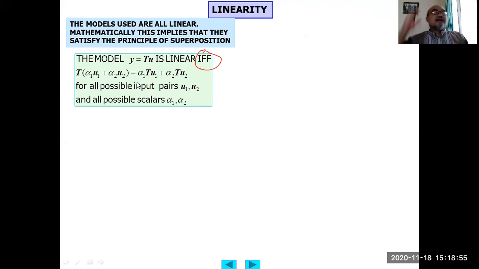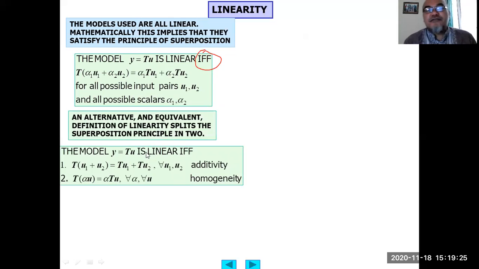In other words, the output of a linear system, which consists of subsystems, is equal to the addition of the outputs of the subsystems that form that whole system. This is what this mathematical expression says in words.